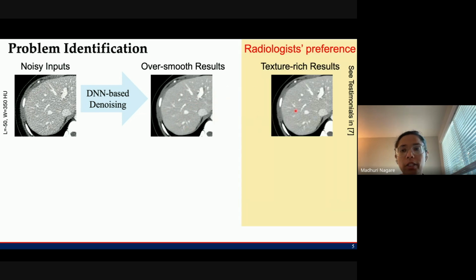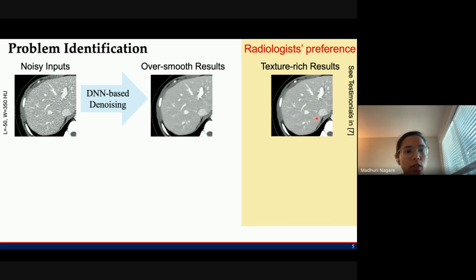For radiologists, texture is very important for perception. GE Healthcare actually collected testimonials of multiple radiologists, and they all gave huge importance to the texture. They like the images on the right side, which have a good amount of texture and a good amount of detail.